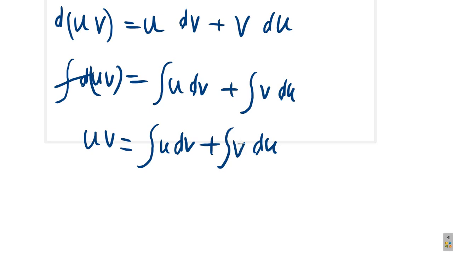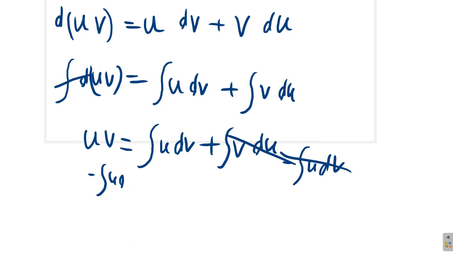Alright? Now, suppose you subtract the integral of u dv from both sides. Minus the integral of u dv, this is gone, and on the left, minus the integral of u dv.